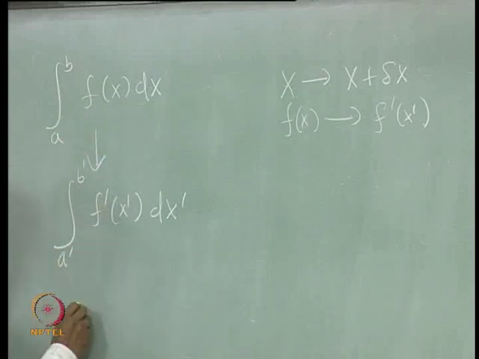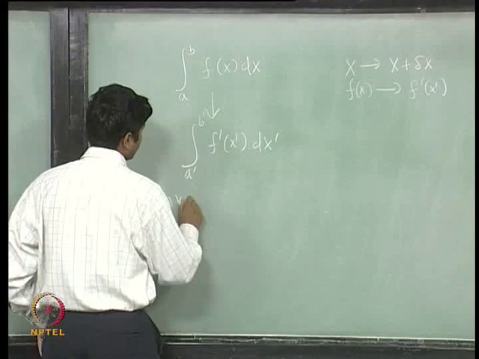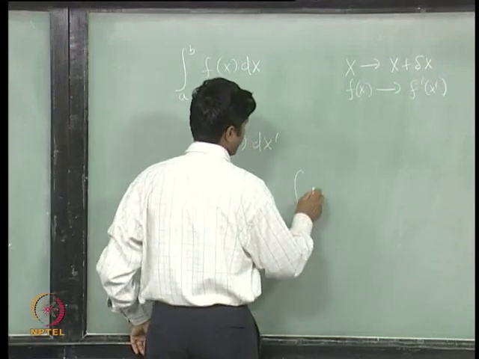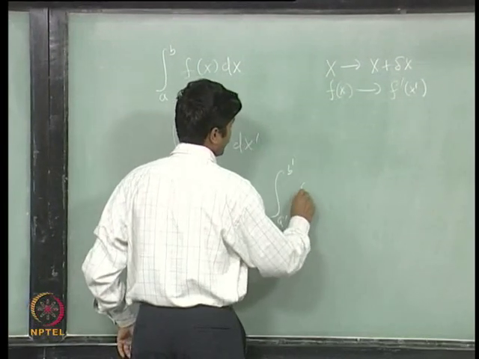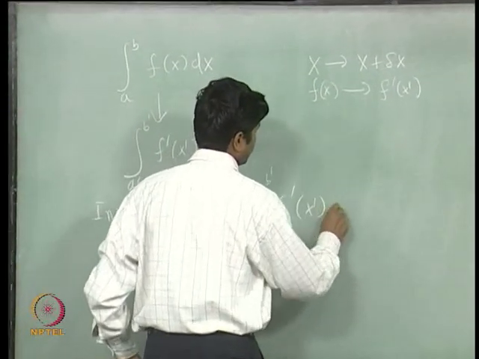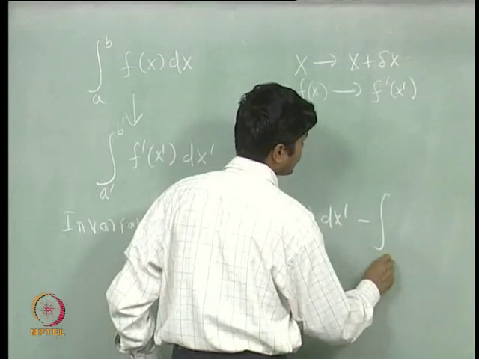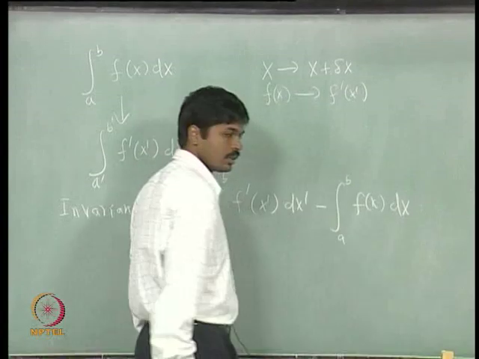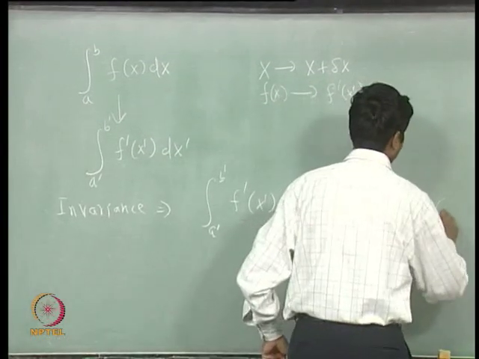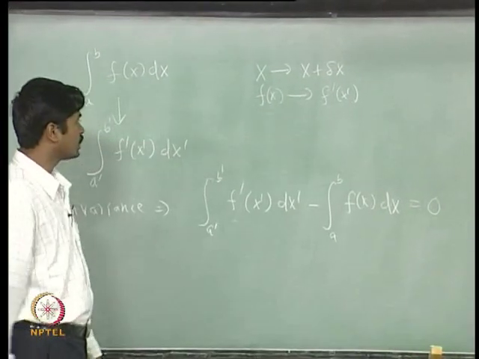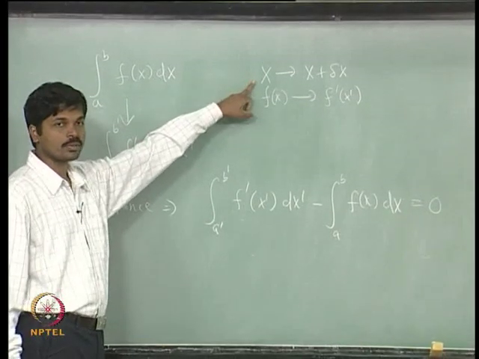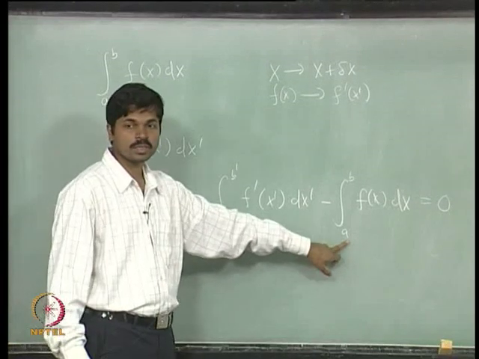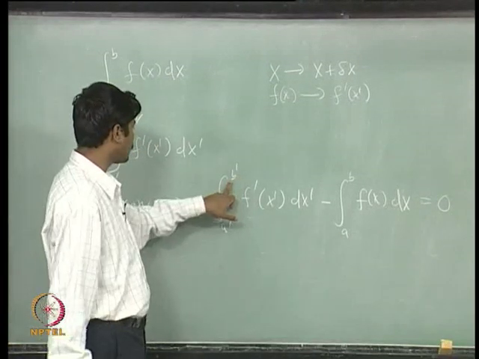So, the invariance implies the integration from a prime to b prime of f prime of x prime dx prime minus the integration from a to b of f of x dx is equal to 0. Now, since we are considering infinitesimal transformation, a prime will differ from a by an infinitesimal amount, so is the quantity b prime.